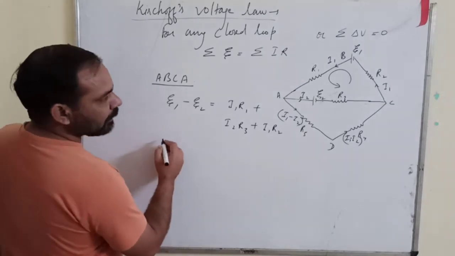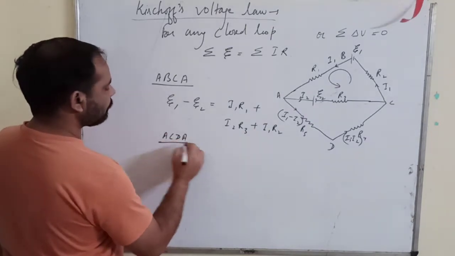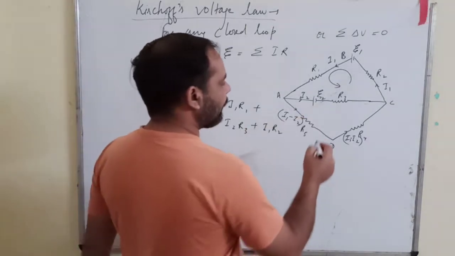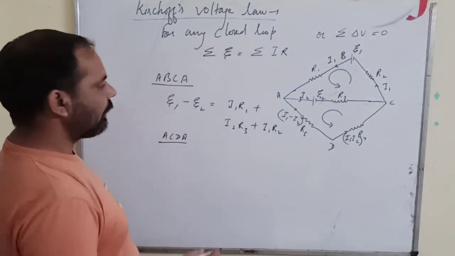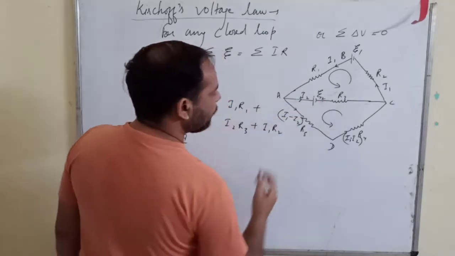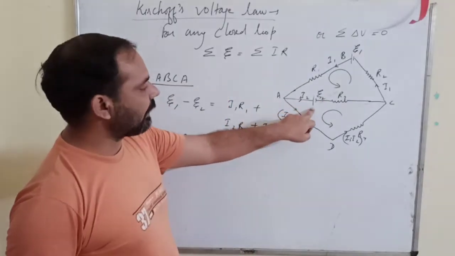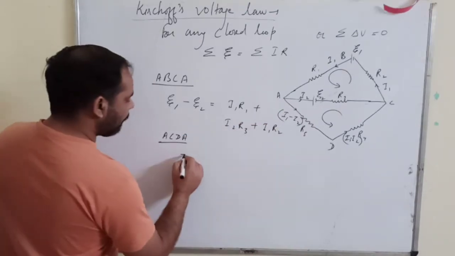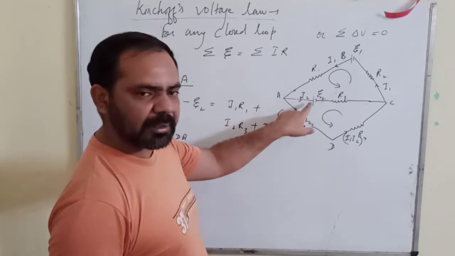Now for the loop A, C, D, A. In this loop, again I take this direction as the positive direction. First of all, only one EMF I have, and the current is hitting the positive plate first. So minus E2, this EMF will be negative.